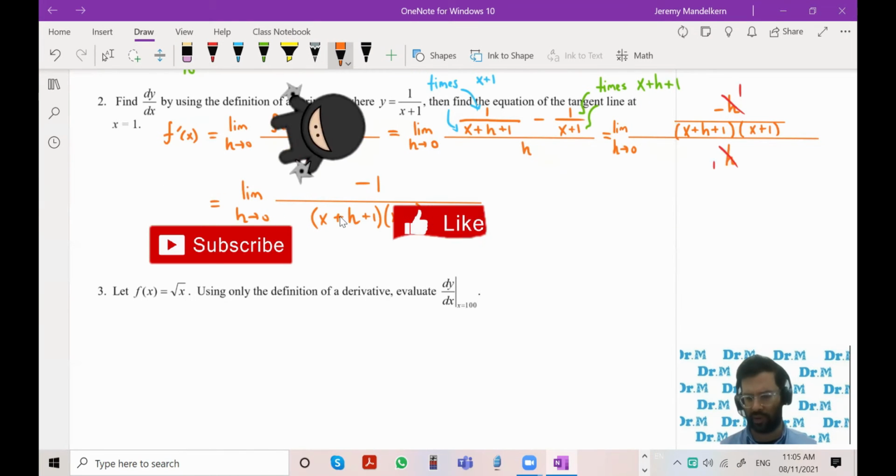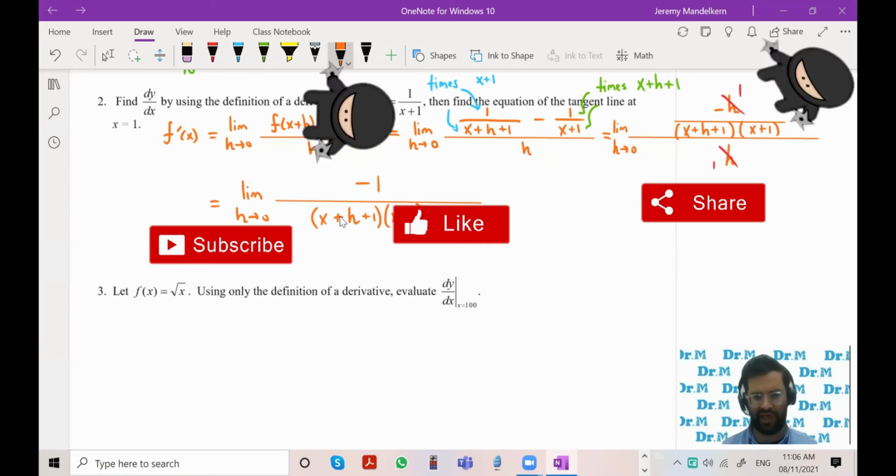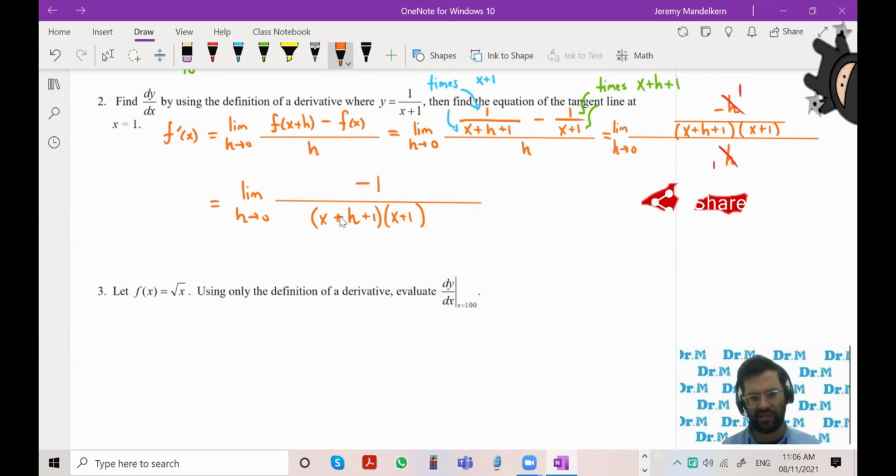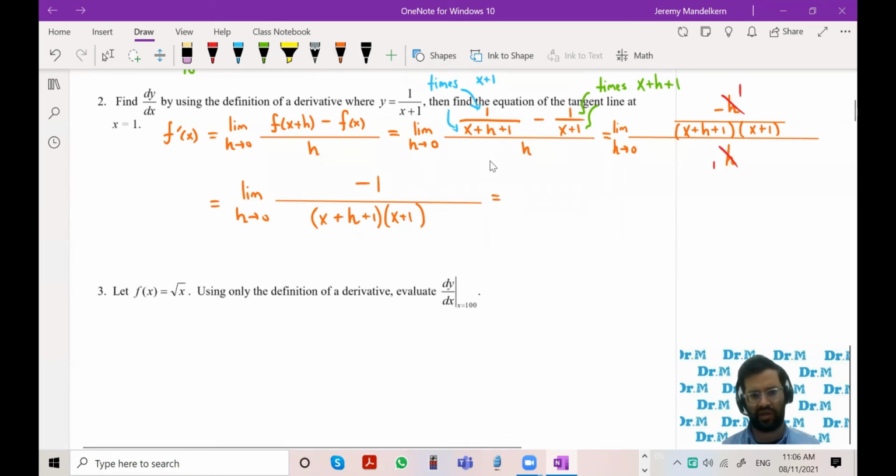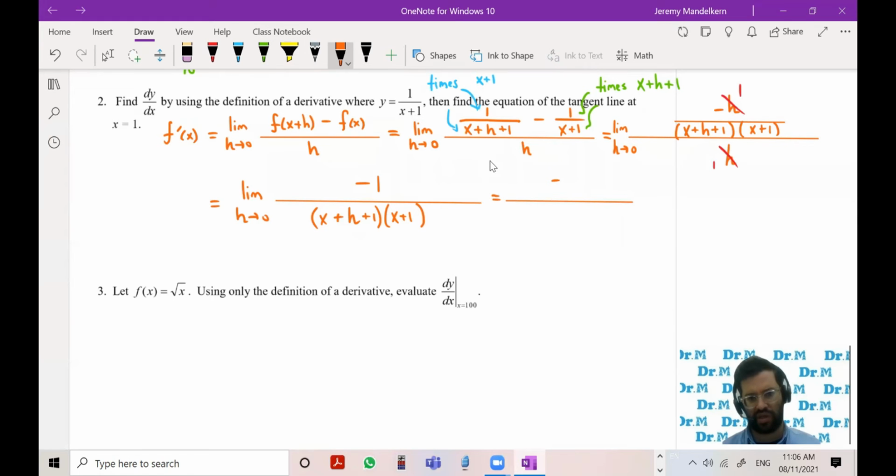So this is what that will look like once we've divided out the h's. The last thing to do is to pass the limit as h goes to 0, and we get our final result. So here, it's going to be minus 1 over x plus 1 squared.